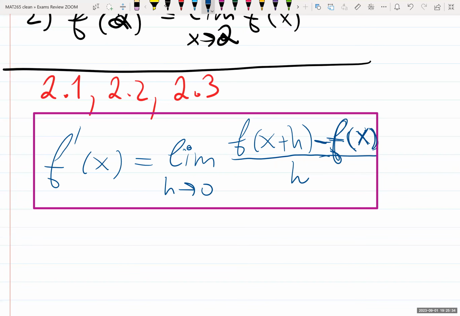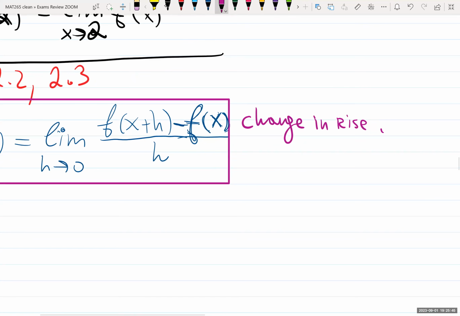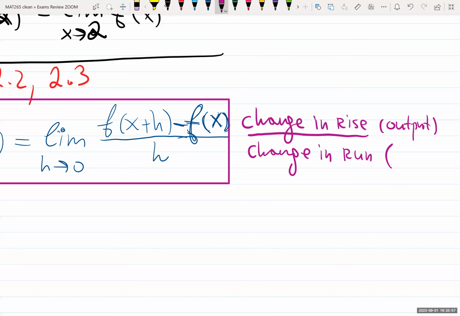So what they're saying is it's change in output, rise, if you want that. I like using the words output and input, output. So f of x, right? We're dividing by change in run. Rise and run is only American notation.